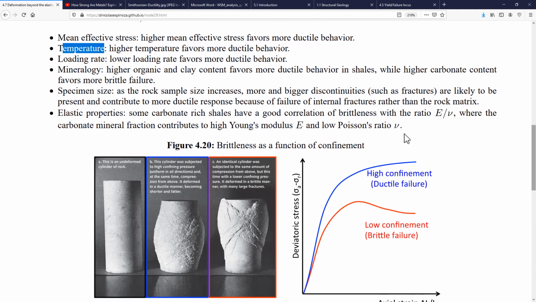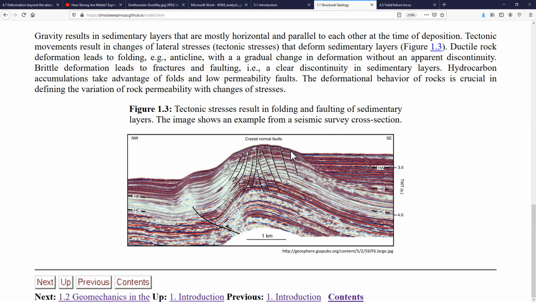And the same thing applies to the reasoning we were doing with the analysis with depth. The deeper you go, the hotter it gets in the subsurface, and also the more likely it is that rocks are going to fail ductilely at great depth, as opposed to the crust, where the deformation and the failure is going to be more brittle.